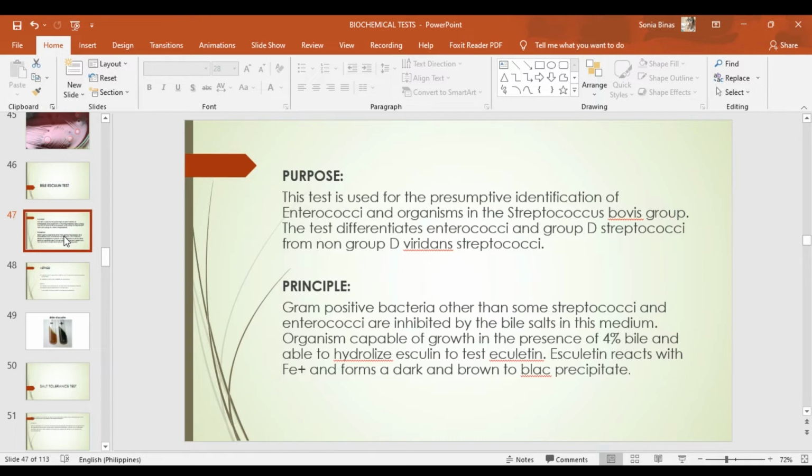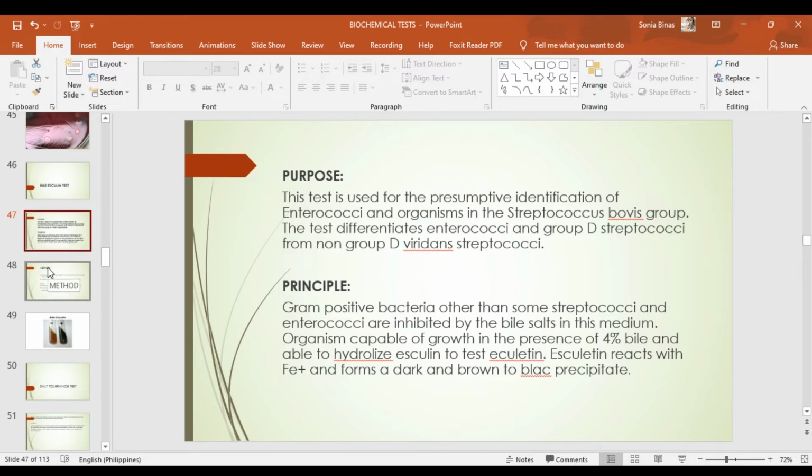Gram-positive bacteria other than some strep and enterococci are inhibited by the bile salts in this medium. So organisms capable of growth in the presence of 4% bile and able to hydrolyze esculin to esculetin. Esculetin reacts with iron and forms a dark brown to black precipitate.